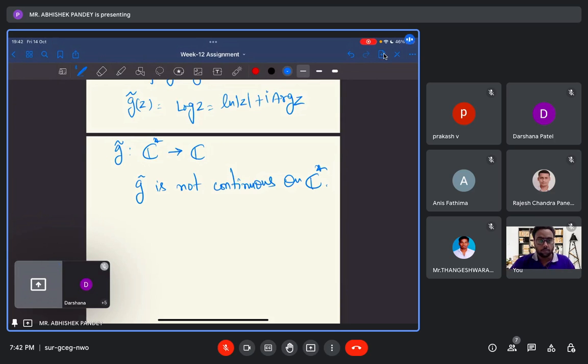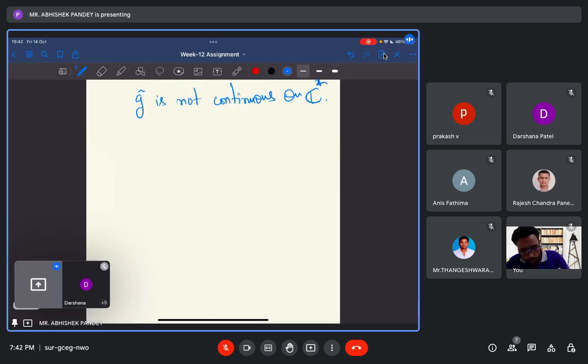But if you impose some extra conditions, it will exist. For reference, this is the lifting of curves, and for this you can refer to Conway. Let me write the reference.